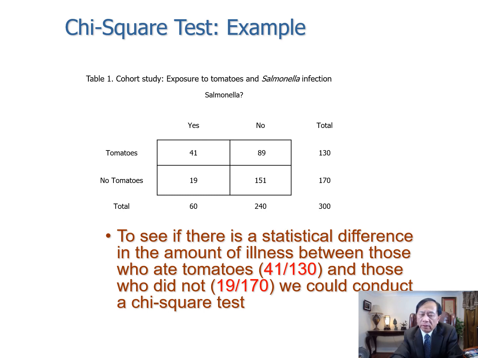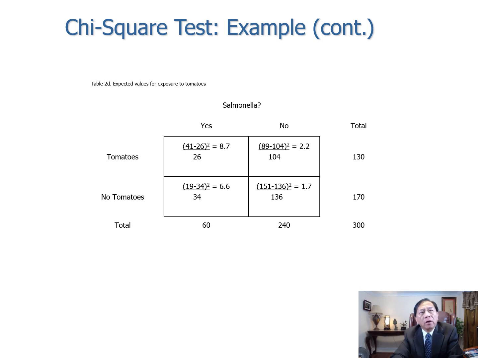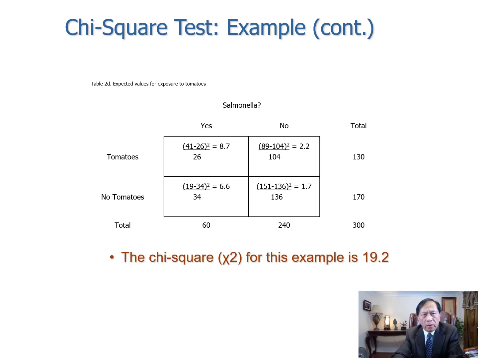Then we can use the chi-square test to find out if there's a statistically significant difference. So how do we calculate chi-square? We calculate the expected value using the equation we just had. 41 minus 26, squared, and divided by that, you get 8.7. Then there's 2.2, 6.6, 1.7. Using those numbers, we calculate chi-square.